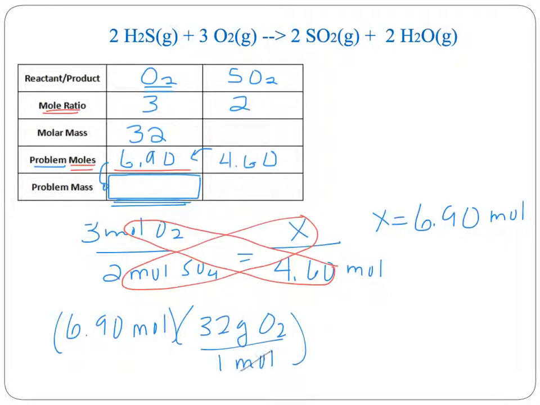And that will give you then the answer of how many grams of oxygen, the mass of oxygen you need to complete this reaction if you're trying to produce 4.60 moles. So if you do the multiplication and you consider for significant figures, you will get an answer of 221 grams. So remember, we had to go through the moles to get to the grams.